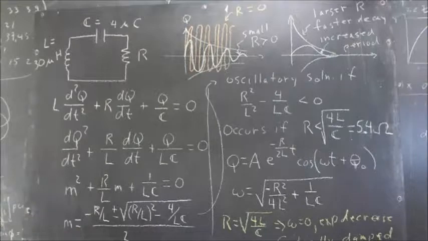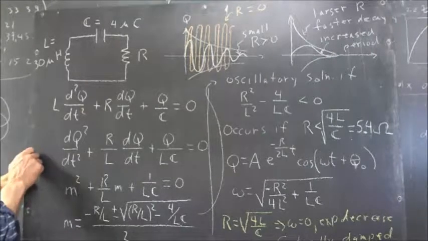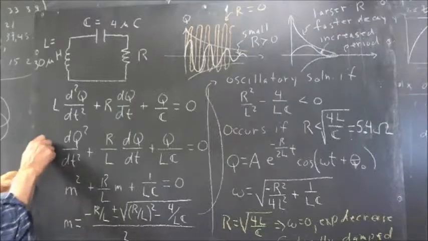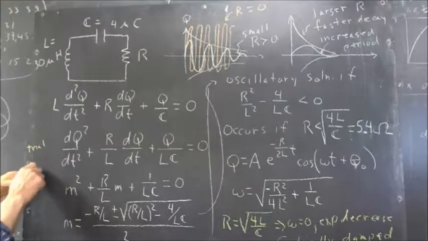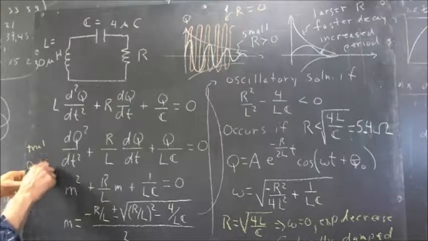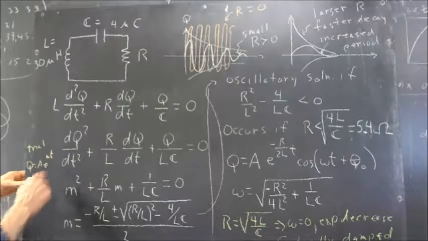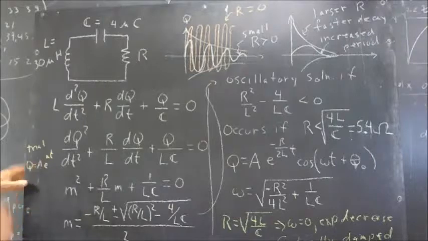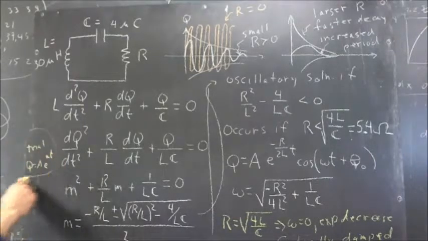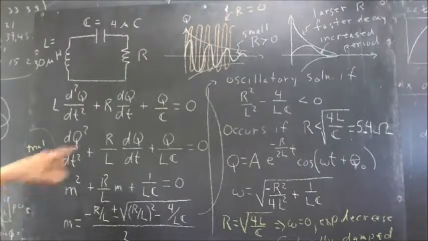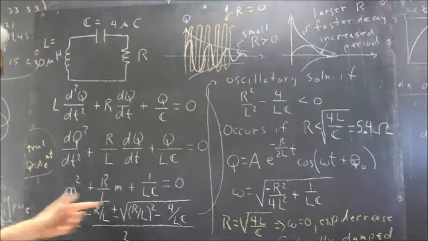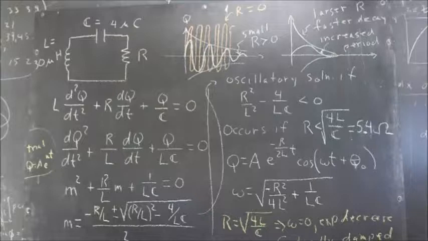We assume, I didn't write this down in class, a trial solution, Q equals A e^(mt). I usually use r for the coefficient of t here, but since we have an R in the circuit, m is what's being used by the textbook that people on this campus are using.